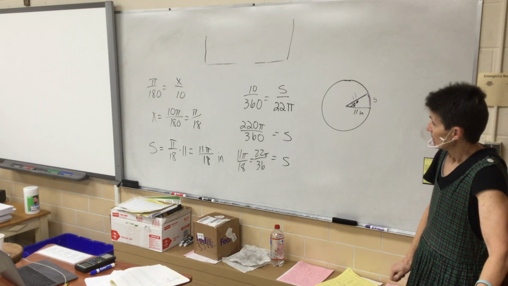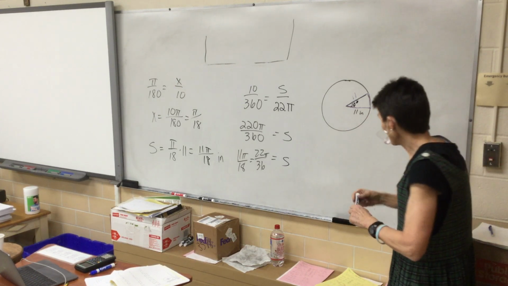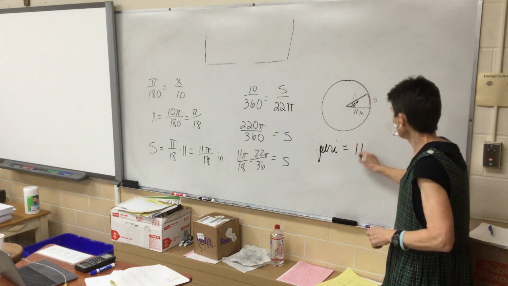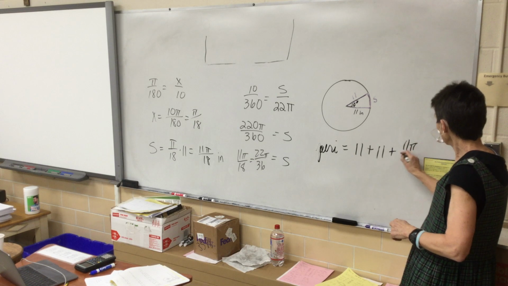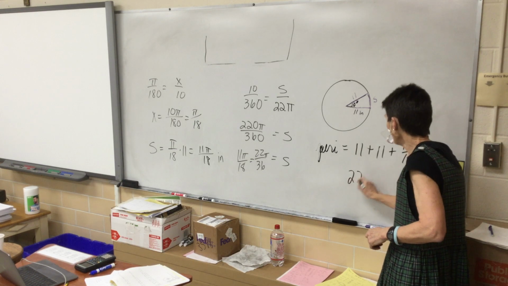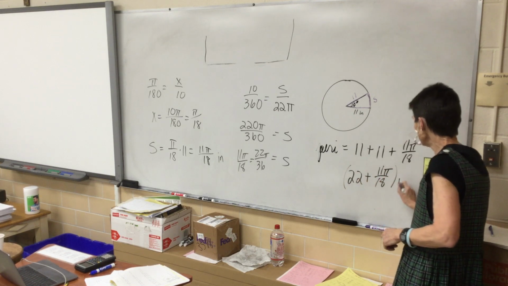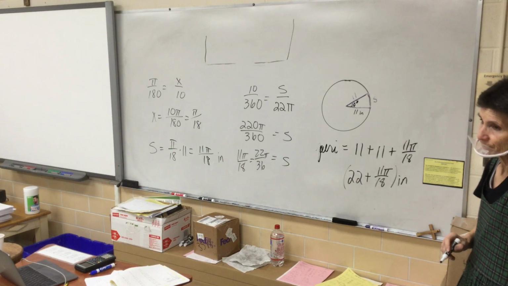Now, we did it both ways. We got 11 pi over 18, that's the arc length. So the perimeter would be 11 plus 11 plus 11 pi over 18. So 22 plus 11 pi over 18 inches is the perimeter of that sector.